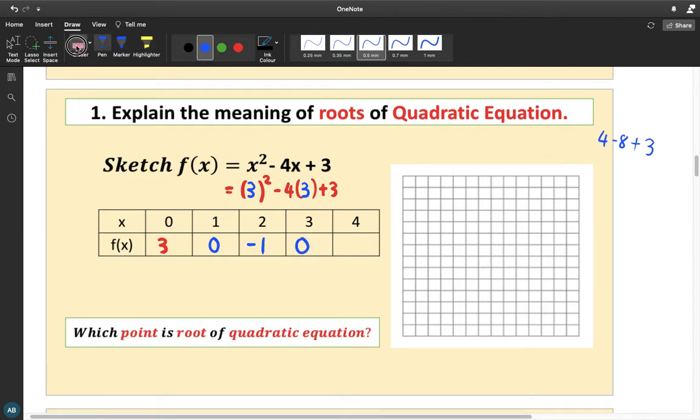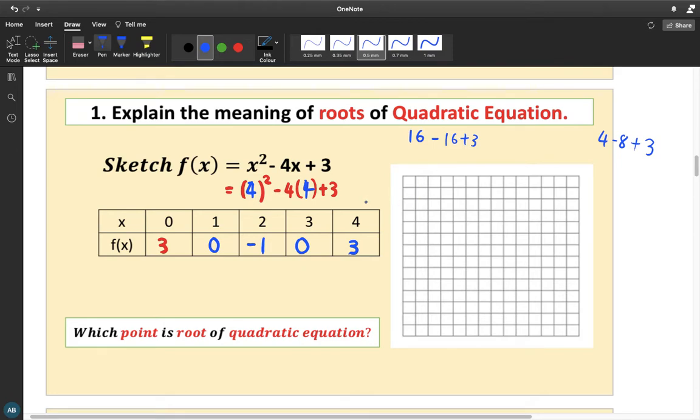And lastly, kita akan buat 4 over here sebab ini adalah nilai 4. So kalau kita ada macam tu, 16 minus 16 plus 3. So over here we will have 3. Okay, so this is the points that we have.